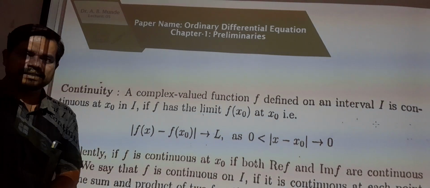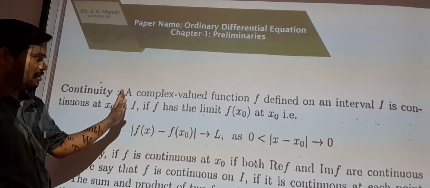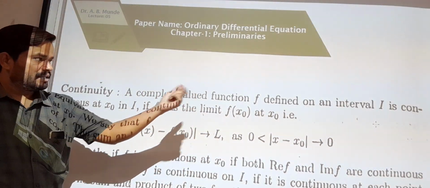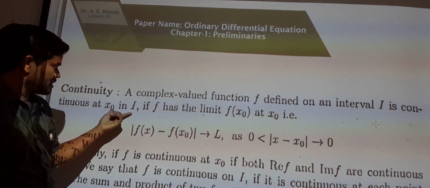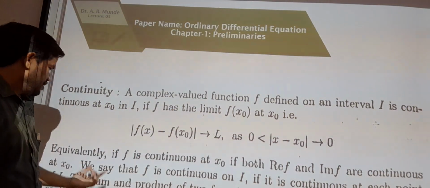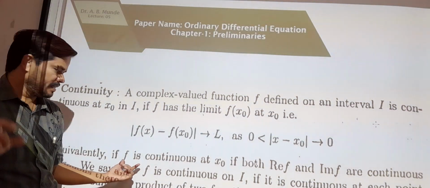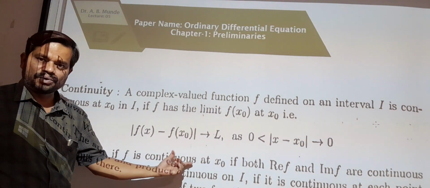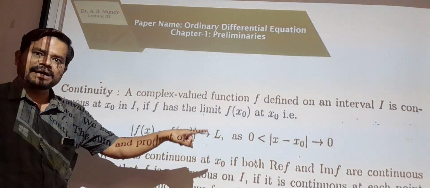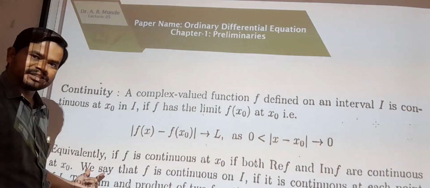Now let us see the next definition, continuity. A complex valued function f defined on an interval I is continuous at x0 in I if f has the limit this one. Equivalently, we can say that a function f is continuous at a point x0 if both the real part and imaginary part of that function are continuous at x0.